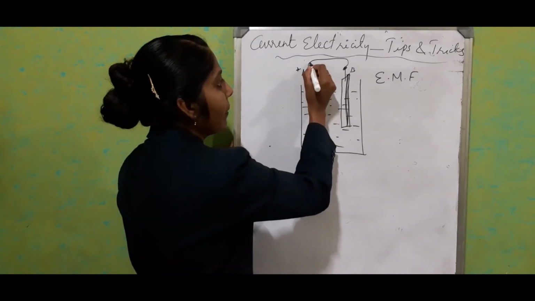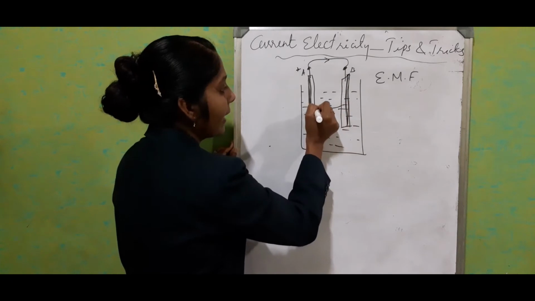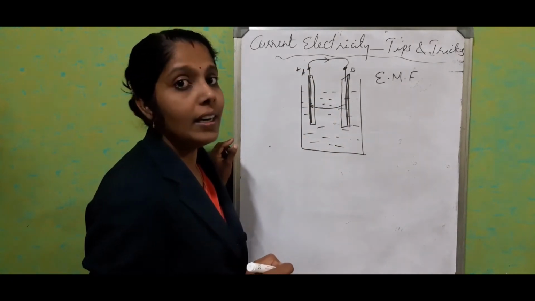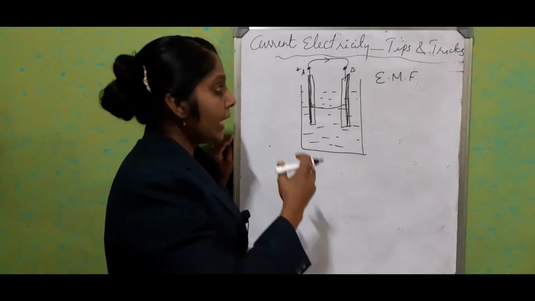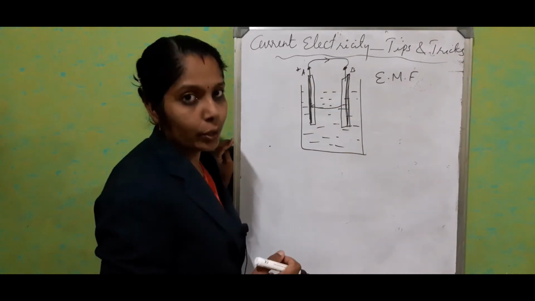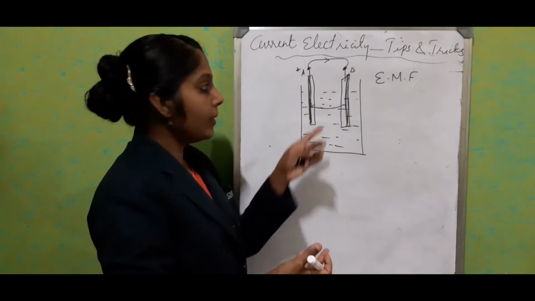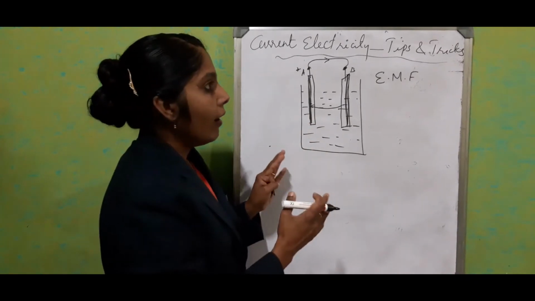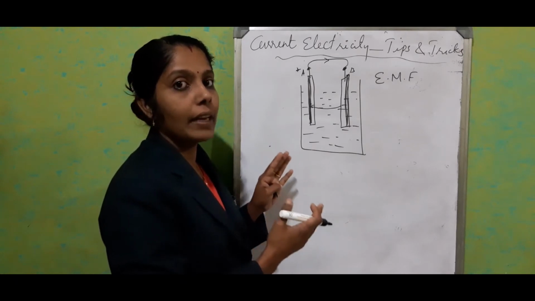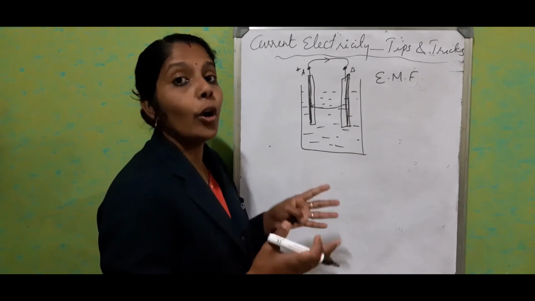Starting from A, it's going through this way, then again inside this one, and it's reaching back to A. That is called EMF of a cell. So it includes the outside of the cell and the inside electrolyte. So EMF means outside also we have to consider plus inside. Or we can tell that it is the maximum potential difference available when it is in the open circuit, or when it is not in use.